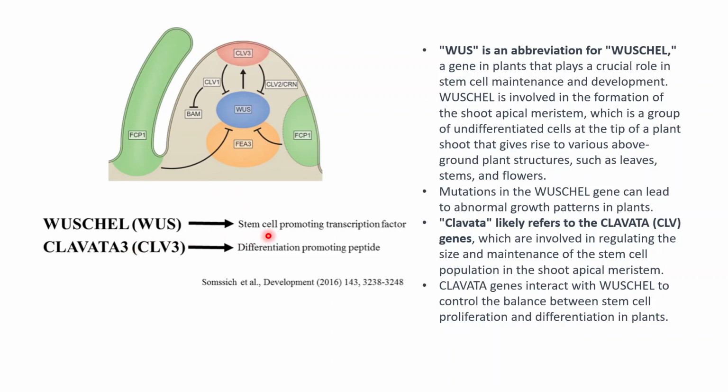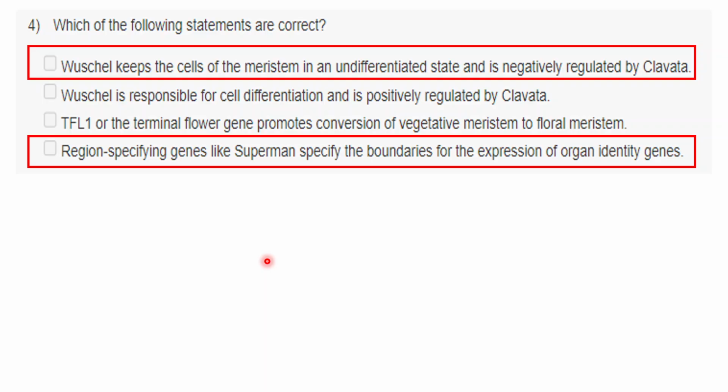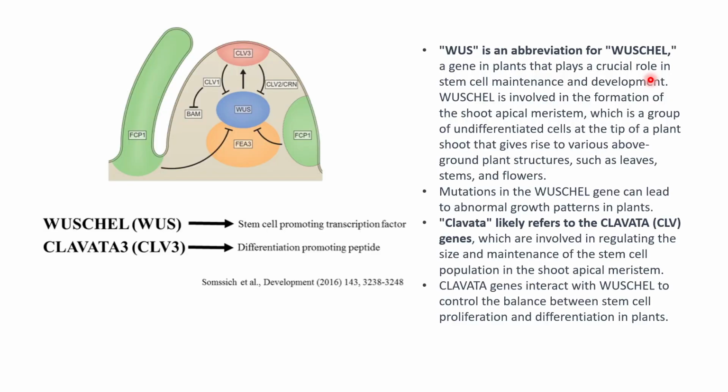Wuschel is a stem cell promoting transcription factor that maintains the stem cells. Clavata 3 is a differentiation promoting peptide, and Clavata 3 inhibits Wuschel and promotes differentiation. So Wuschel keeps the cells of the meristem in an undifferentiated state and is negatively regulated by Clavata. So this statement is correct.